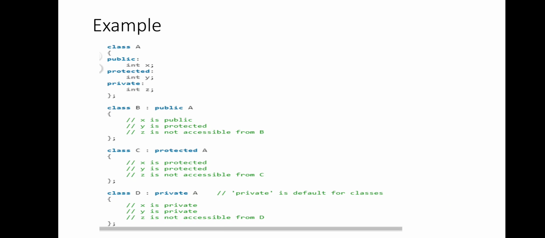And we have three different derived classes that are B, C, and D that are public, protected, and private respectively.